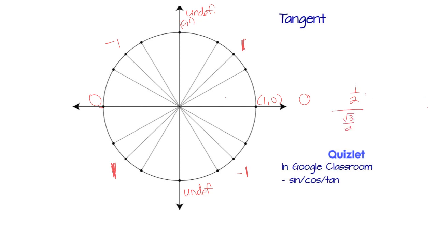And then when we flip this up and change it to a 2 over root 3, the 2's cancel, and I have 1 over root 3, which I then need to rationalize. So I get a root 3 over 3.